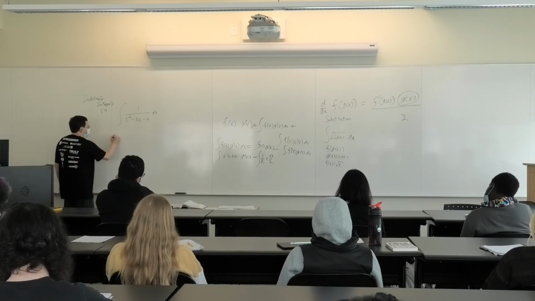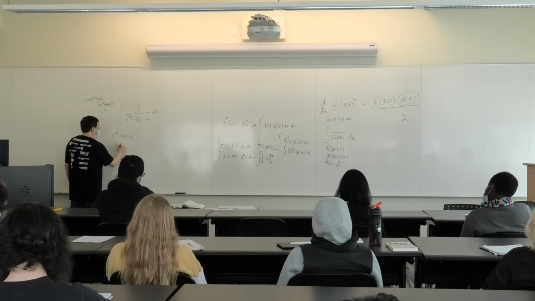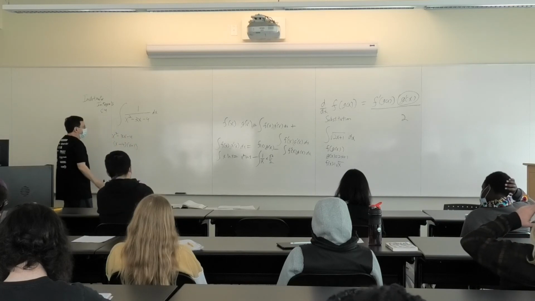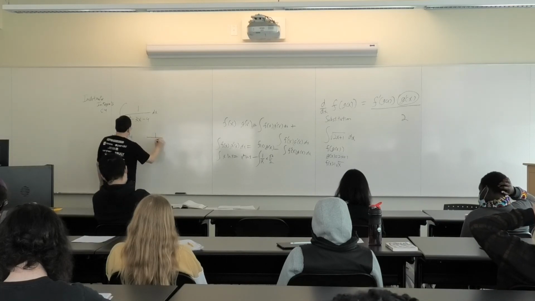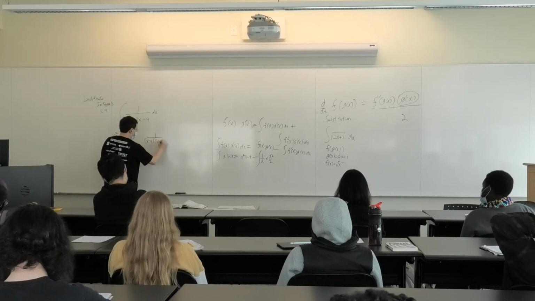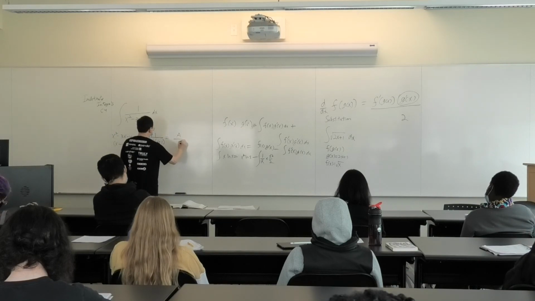We look at x squared minus 3x minus 4, that's x minus 4 times x plus 1. And we want to break that up into something that looks like this.